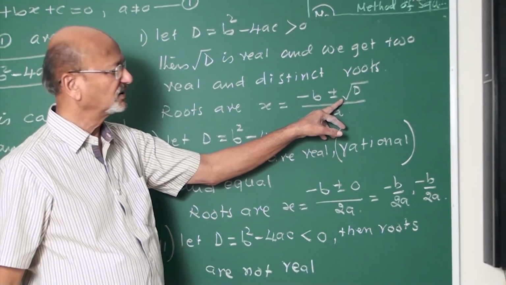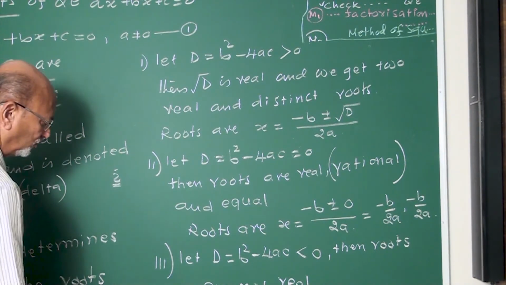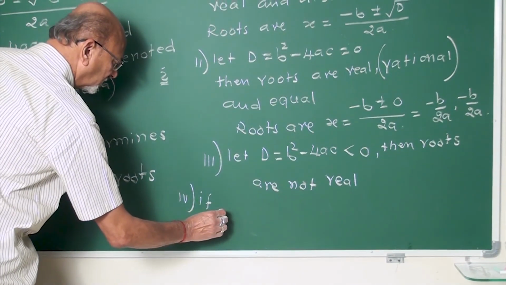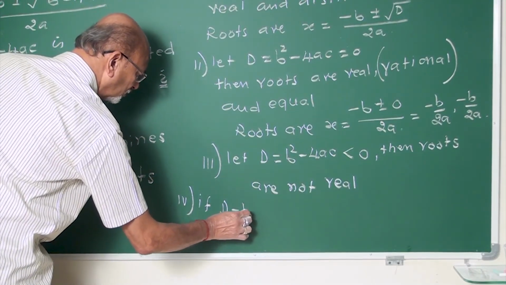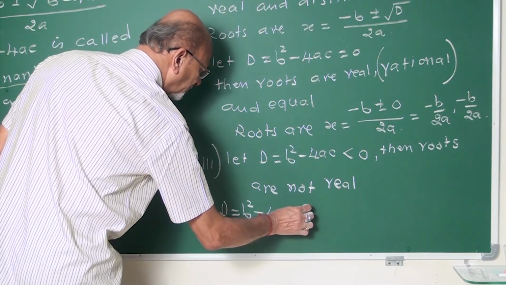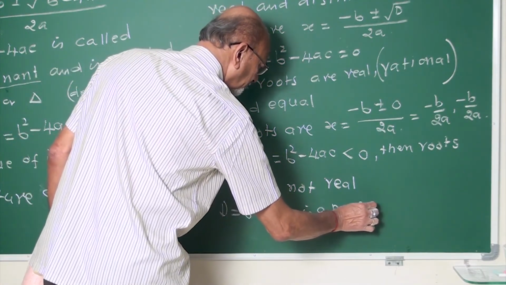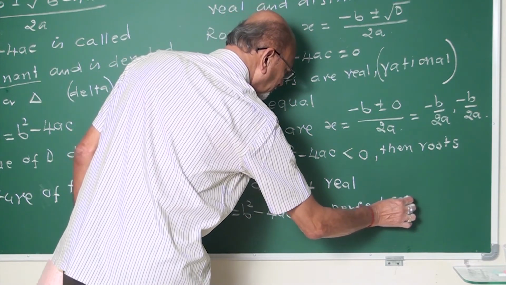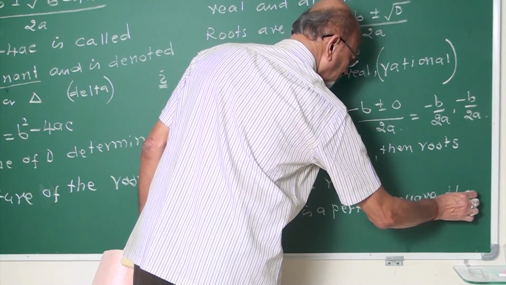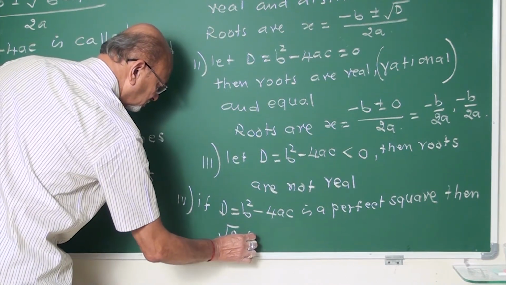This is the special, fourth case: if d equal to b square minus 4ac is a perfect square, then square root of d is rational.